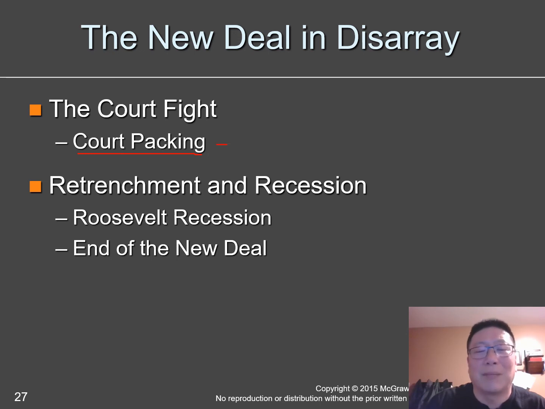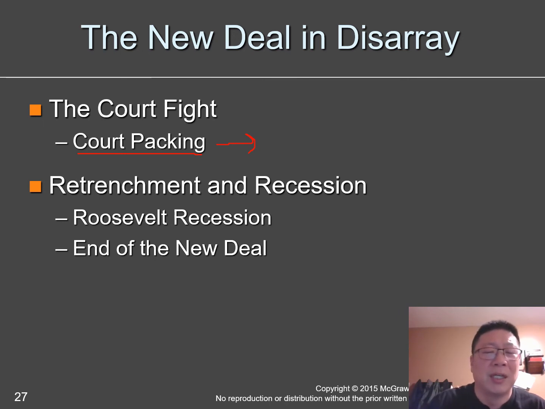And this kind of looks like a power grab by Roosevelt. So if you remember what's going on in Europe, their solution to the Depression is to turn to fascism, or in some cases turn to communism. Here it looks like Roosevelt's becoming another fascist. Okay, and so the court packing plan is rejected by both Democrats and Republicans.